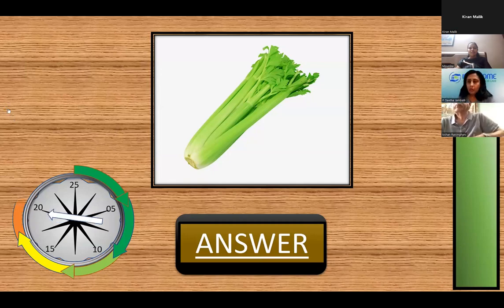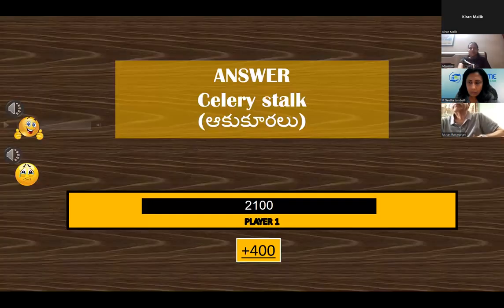Now let's see, does anybody have any Hindi names for this? No Hindi names? Please share the Hindi name, because the majority of people probably know at least Hindi as a second language. Let me see what celery is called in Hindi. Ajwain.